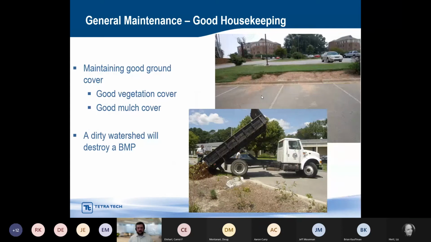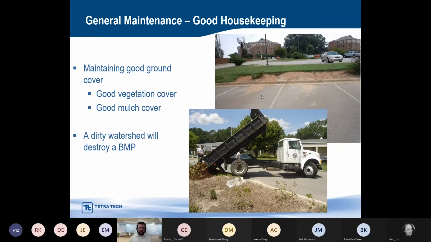Also, keep that watershed stabilized. Sediment is the enemy of any BMP. That's one of the biggest issues that we see. Most of the time we spend is cleaning sediment out of the forebays or out of the bioretention areas or any of the other practices, out of our wet ponds. I know we do spend some time eventually dredging wet ponds.